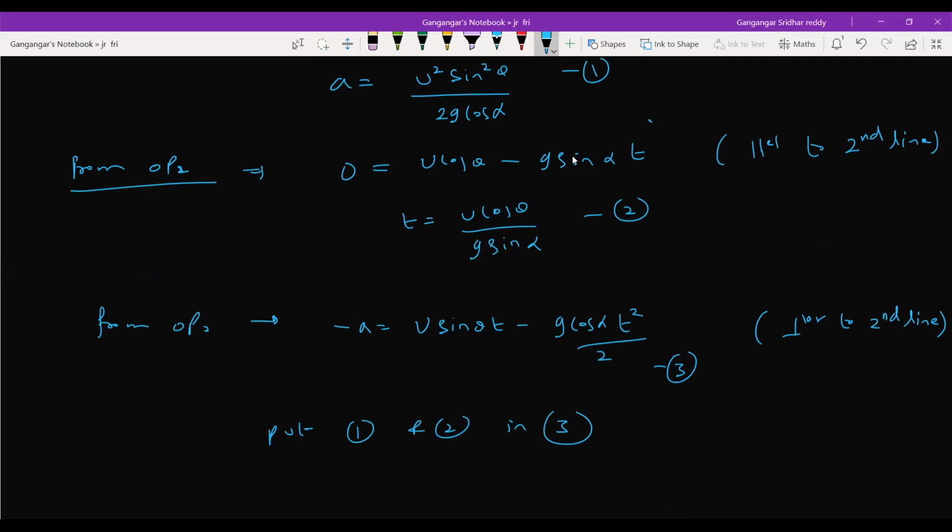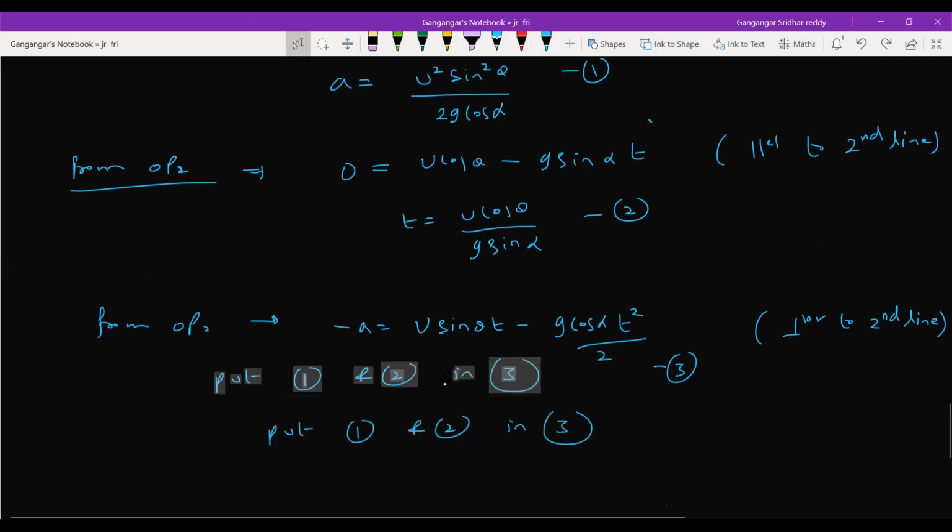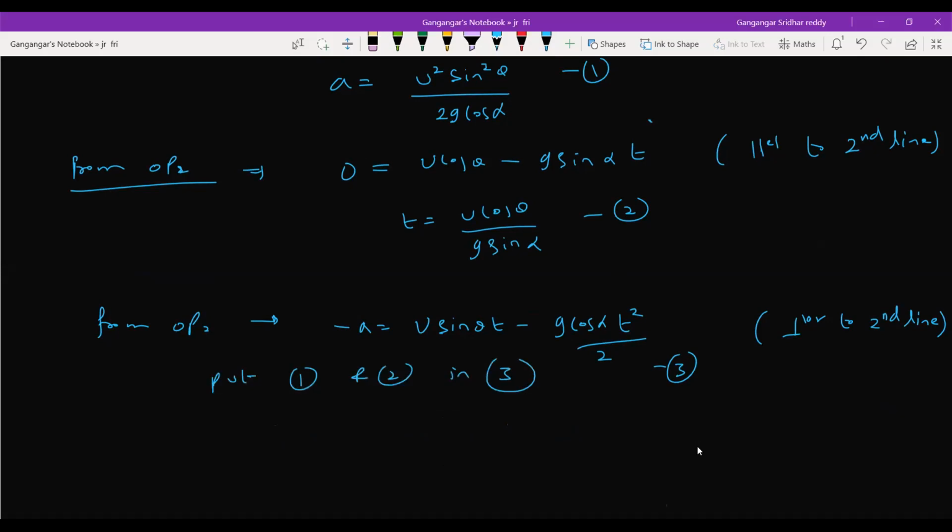Writing these equations is very important. Okay, rest all solving now.